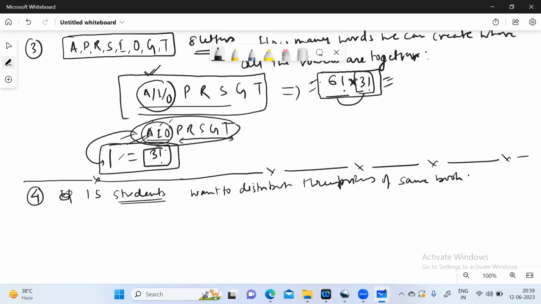Like I have 3 prizes of 3 books, the same books. In how many ways can I distribute them? The number of ways I can distribute them is, how much will this be?